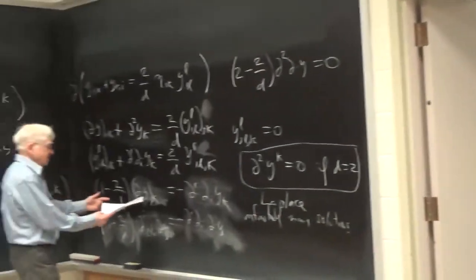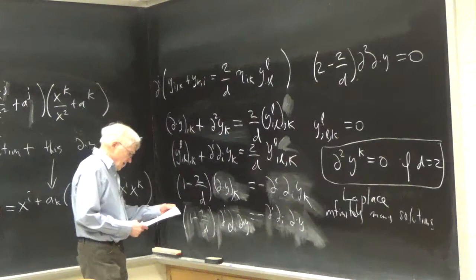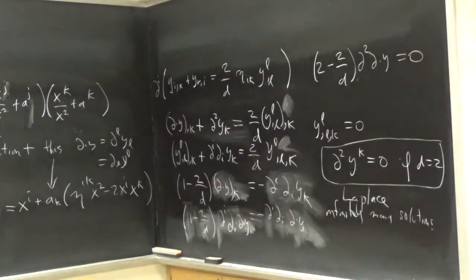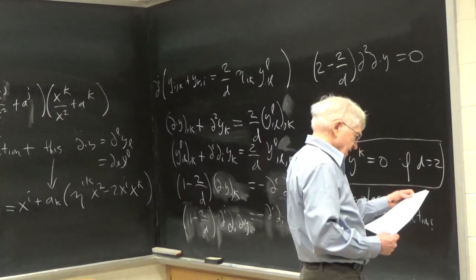In 2 dimensions, then we have this equation here, and the most general solution, for an infinitesimal case, is actually y_i is a_i plus b_{ik} x_k plus d_k (eta_{ik} x squared minus 2 x_i x_k).